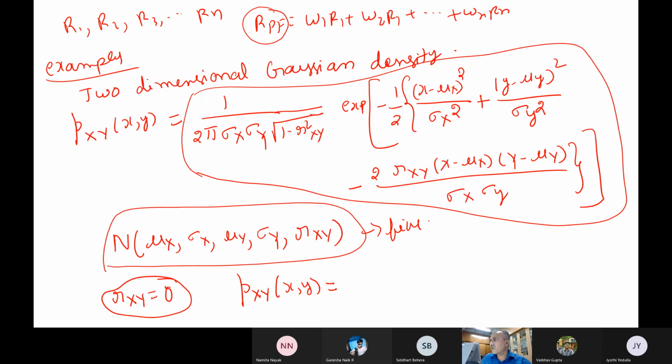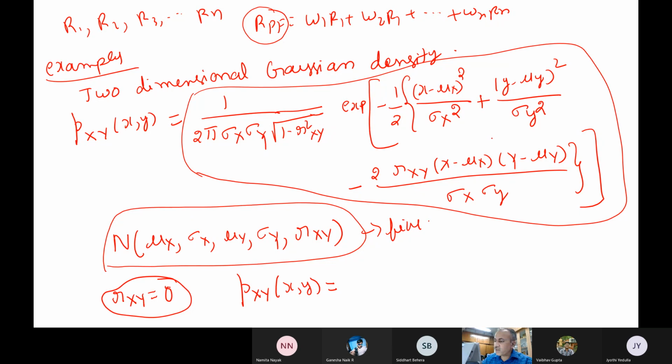Now what is your observation? That means the correlation coefficient is 0. Now what happens to this expression when Rxy is 0?